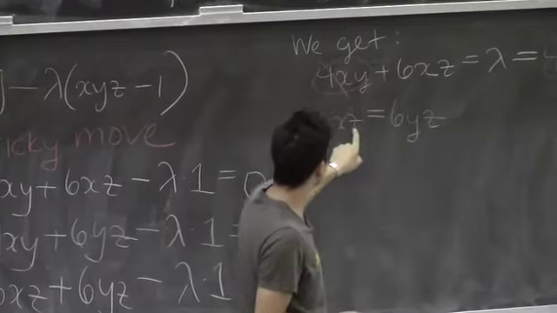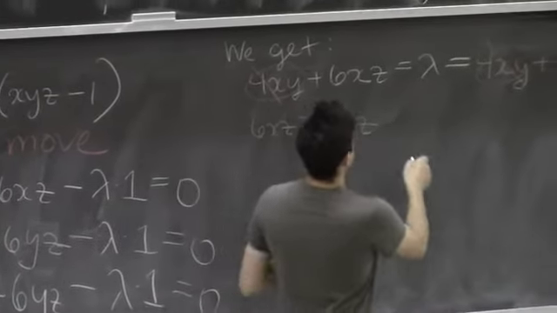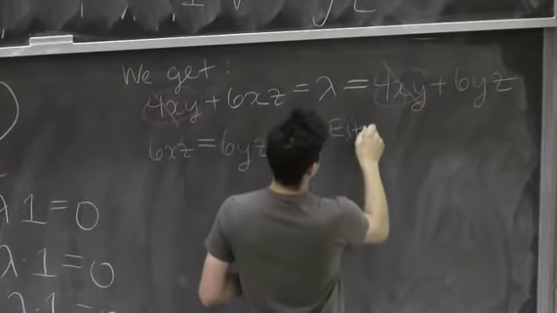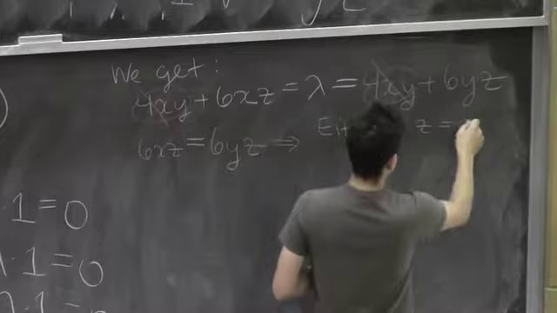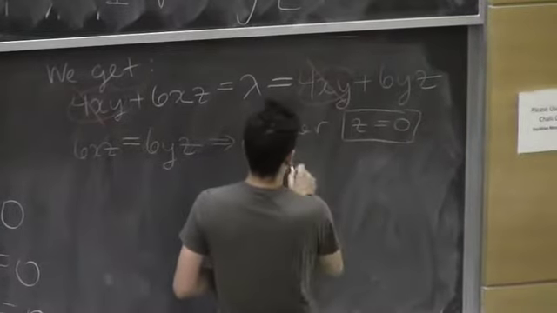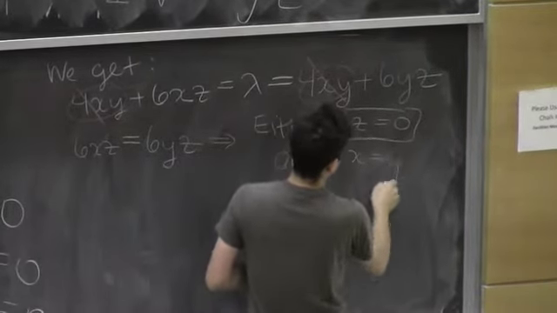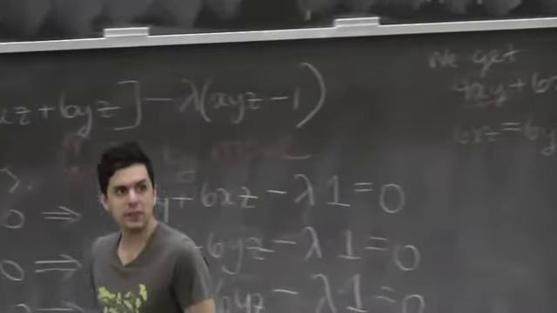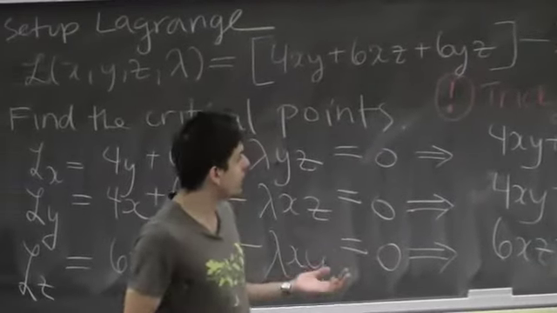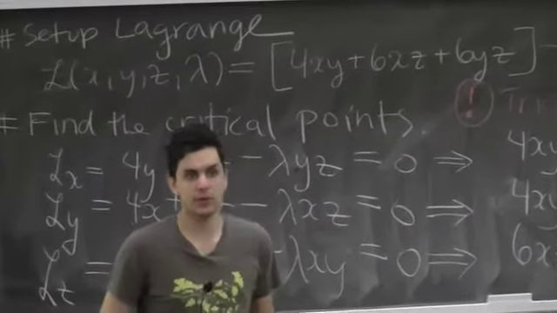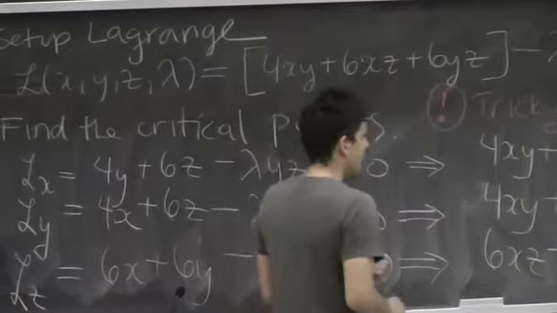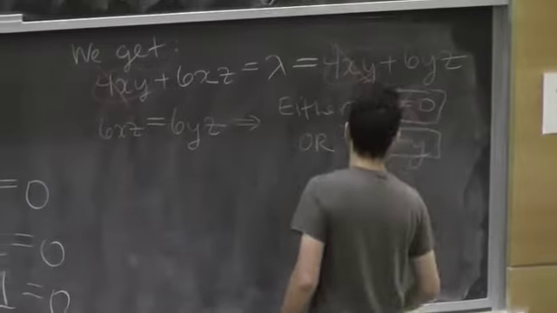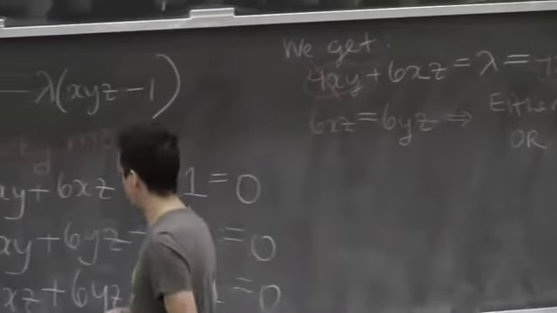Either z is 0, or these two guys are equal. If z winds up being 0, we can't possibly have any volume, right? So that's off the table. Okay, so we get x is equal to y.